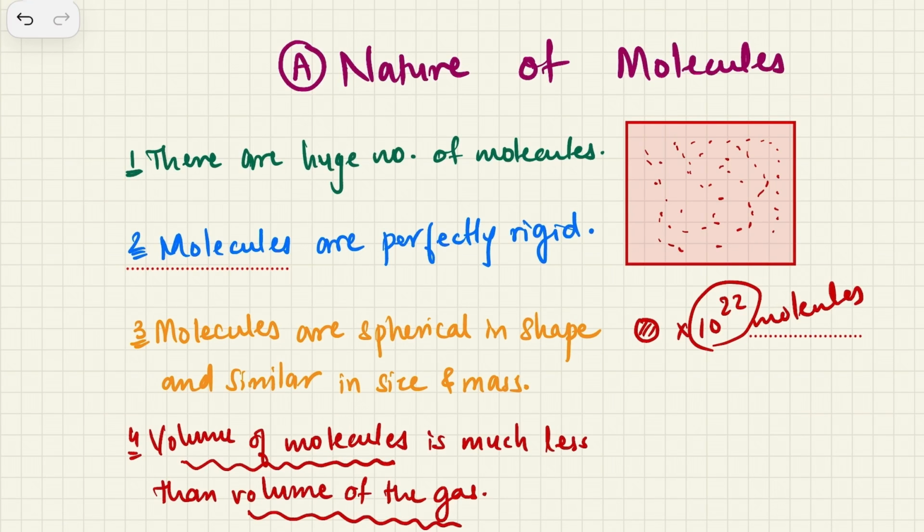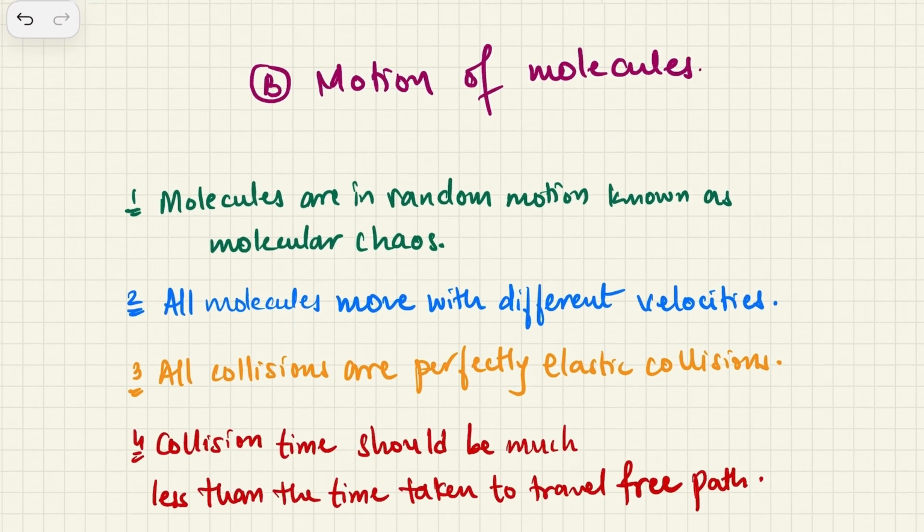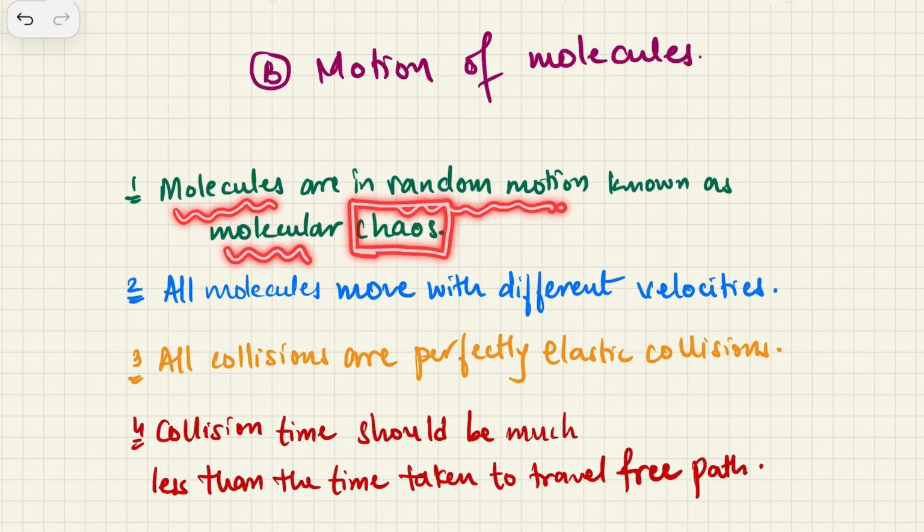And now the B part, that is the motion of molecules, like how the molecule should move. Here you have four assumptions on the motion of molecules. The first assumption is that molecules are in random motion, and this random motion is called molecular chaos.